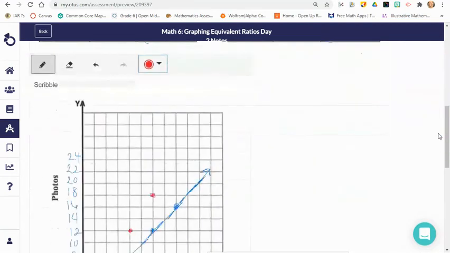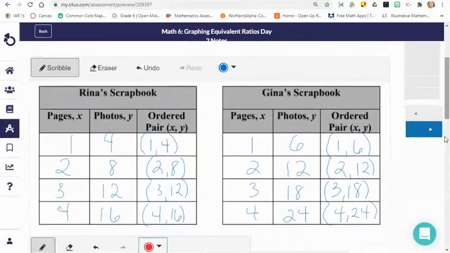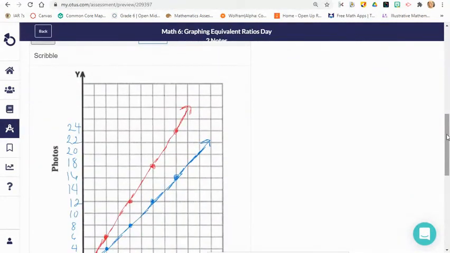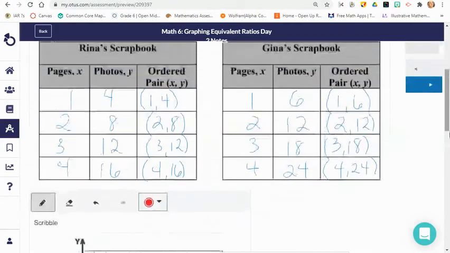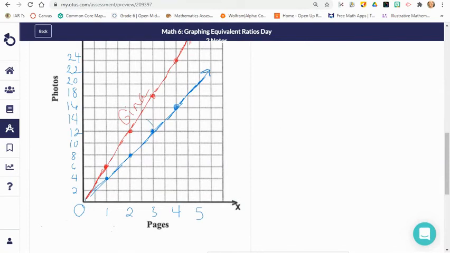And her final one is 4 to 24. And then I'm going to try my best. Sometimes it's easiest to go segment by segment when we're drawing these. And so this one is Gina. And this one is Rena.